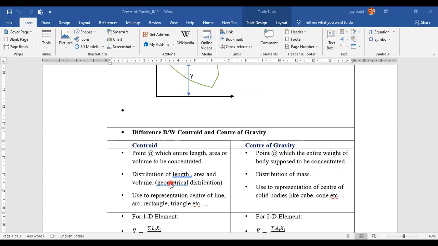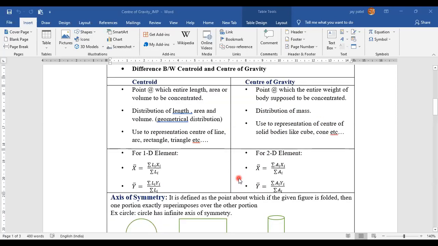We are not going to consider any weight or any mass. But center of gravity is a distribution of mass. Centroid is used to represent the center of a line, arc, rectangle, and triangle. Center of gravity is used to represent the center of solid bodies like a cube or cone. So this is the basic difference.